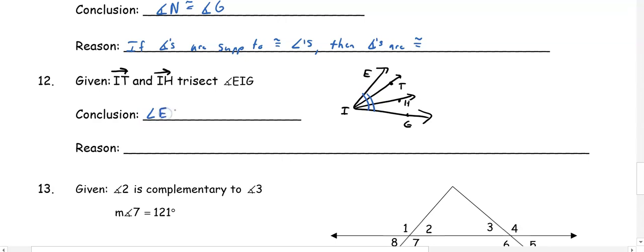So angle EIT is congruent to angle TIH, which is congruent to angle HIG. Okay, and the reason we know that is angle trisectors divide an angle into 3 congruent angles.